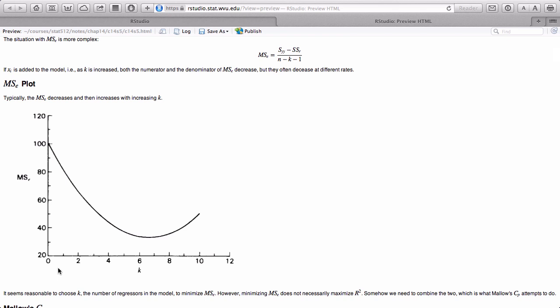So ideally what you'd like to do, well, I don't want to say ideally because this is one way you could do it, is pick k that minimizes the error mean square. Now this is kind of simplistic because we often use more sophisticated techniques like cross-validation, which we probably won't have time to cover in this course.